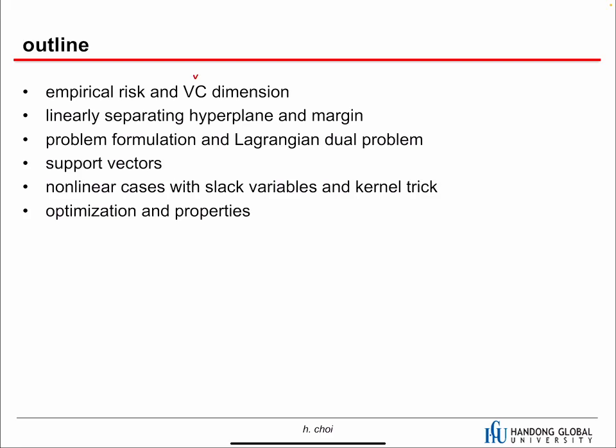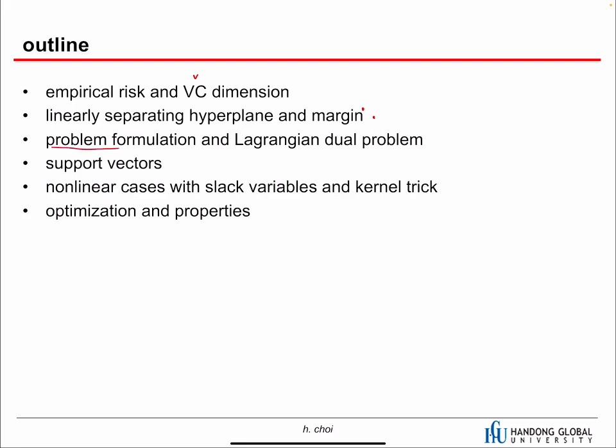Assuming that the data set is linearly separable, when we maximize the margin, that actually makes the gap between the risk and empirical risk minimized. So from this on, maximizing margin is our problem.